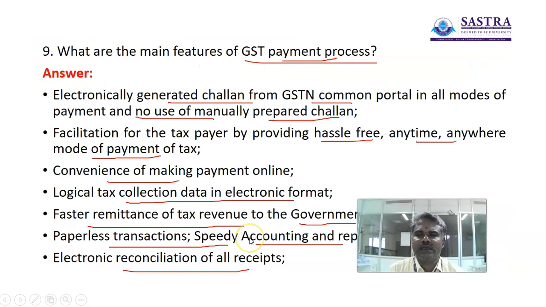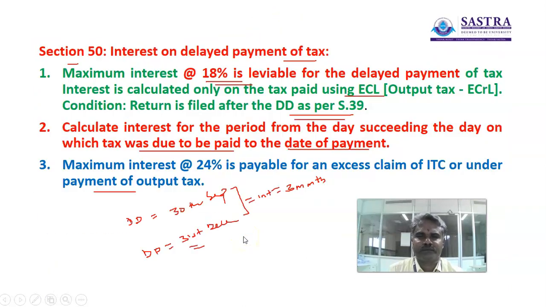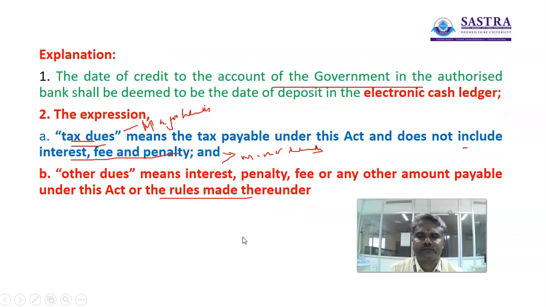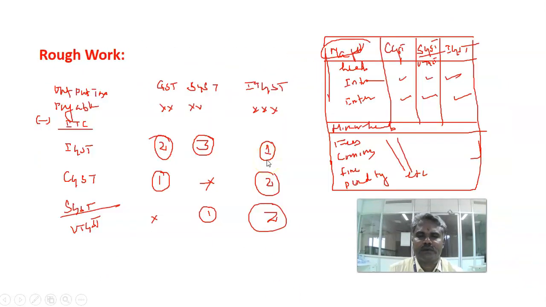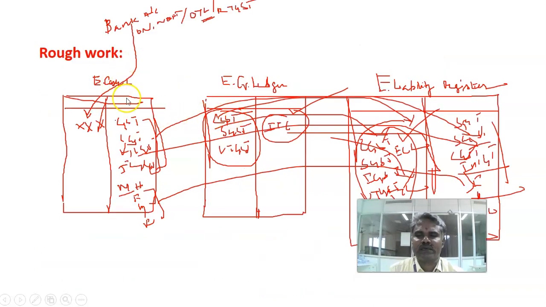So today I'll give a snapshot about the payment of tax. We have to cover section 49, payment of tax and interest, penalty and other amounts. First we have to open an electronic cash ledger.